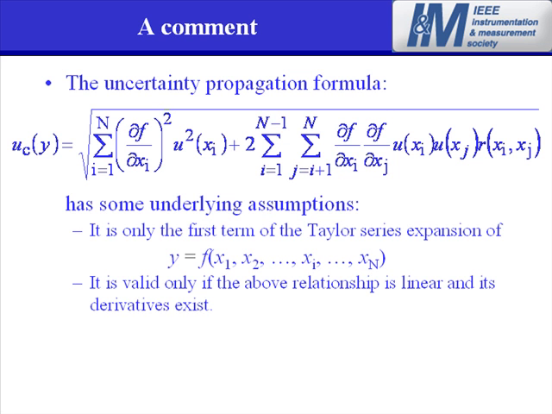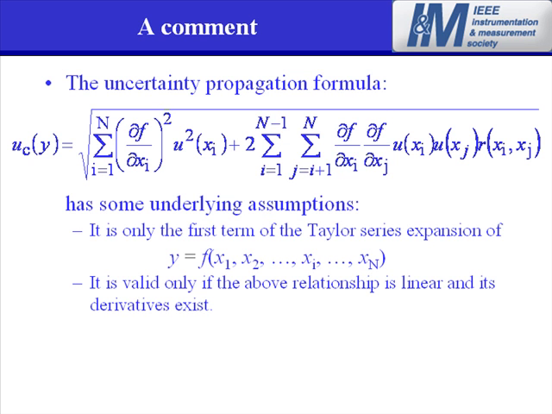This relationship provides the combined standard uncertainty. Remember, it's a standard deviation here. And it provides this combined standard uncertainty starting from the standard uncertainties, here they are, here and here, that we get from each measured quantity.